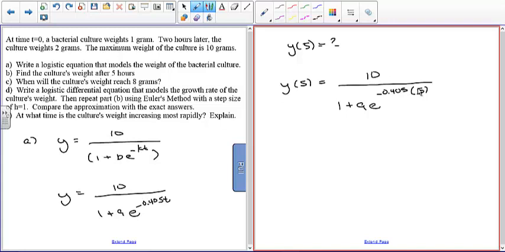And it's going to be somewhere between 2 and 10, because at 2 hours, it's 2 grams, and we know it can't get more than 10. So that's kind of a check of whether you are doing it correctly or not.